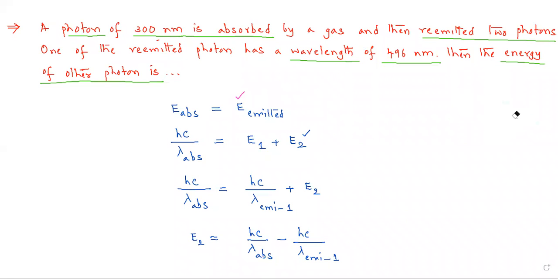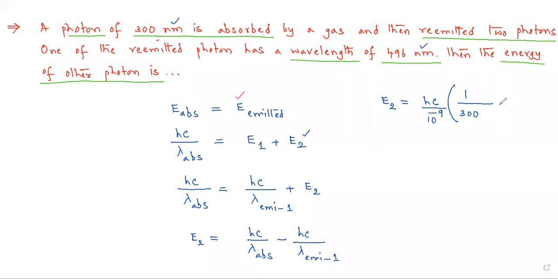Now, let me just write it as E2 is equal to, take hc as common, 1 by lambda absorbed, which is 300 nanometers. Let this nanometers be taken as common, because in the absorbed as well as in the re-emitted one, we have wavelength in nanometers. So let me take 10 power minus 9 outside.